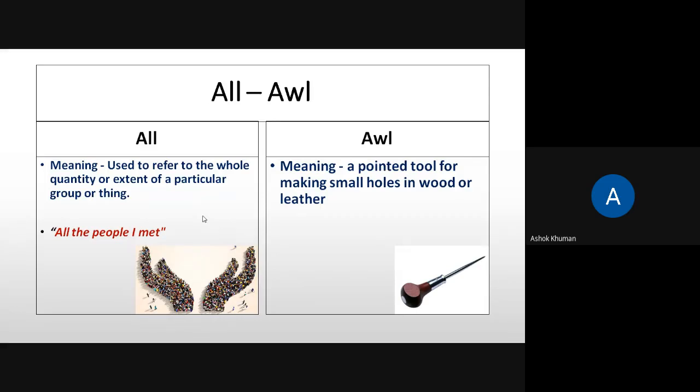including all, no exception. And here you can see AWL, awl, which means a pointed tool for making small holes in wood or leather.